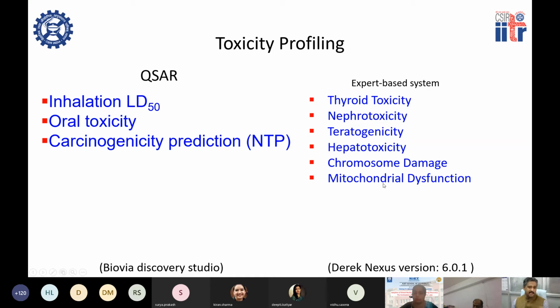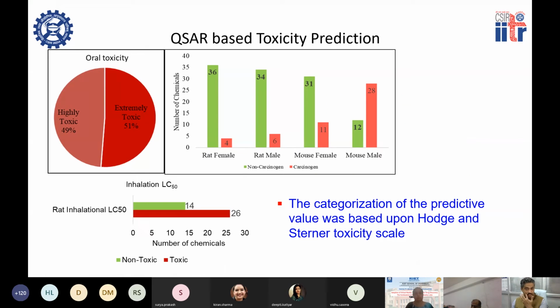That's why we started a systematic analysis of this particular ABS and the chemicals released from ABS at higher temperature. When you utilize these computational approaches and models, they will clearly categorize which chemicals fall into highly toxic, extremely toxic, or non-toxic.